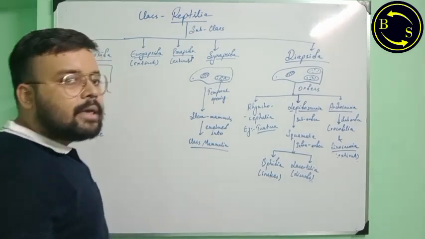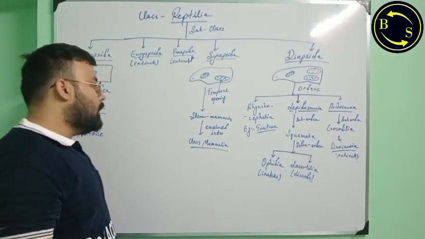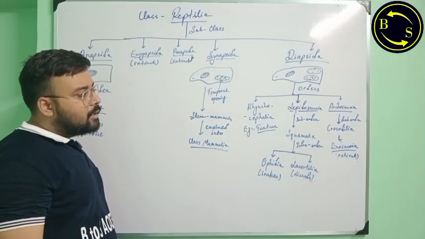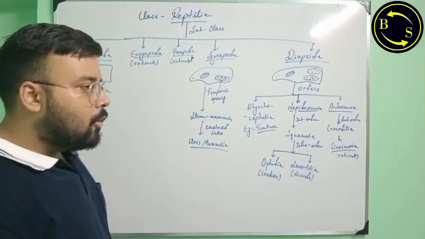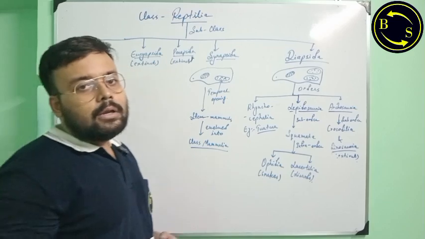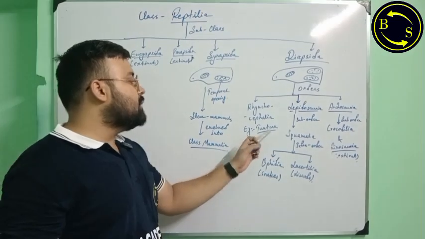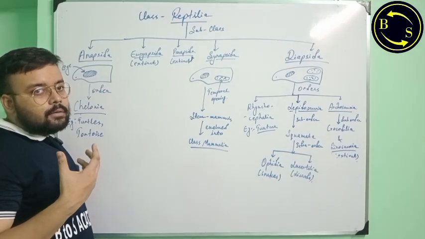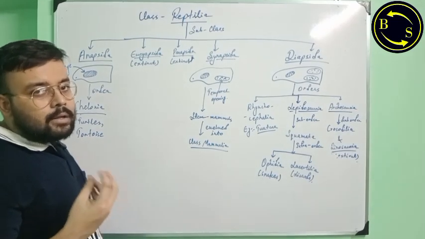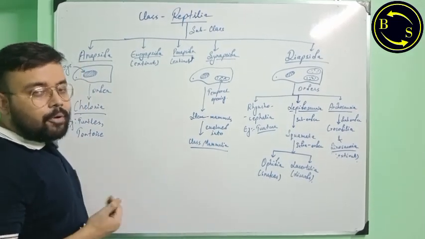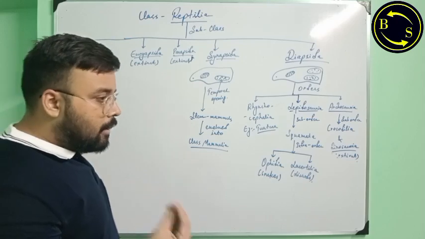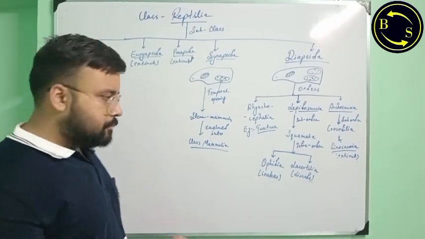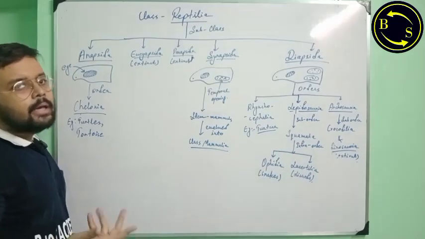Rhynchocephalians are lizard-like animals. Okay, and there is only one living species under Rhynchocephalians, the Tuatara, or the Sphenodon. They are found in New Zealand, and one interesting fact about the Tuatara is these animals have a rudimentary third eye at the top of their head, and they are visually not functioning anymore.